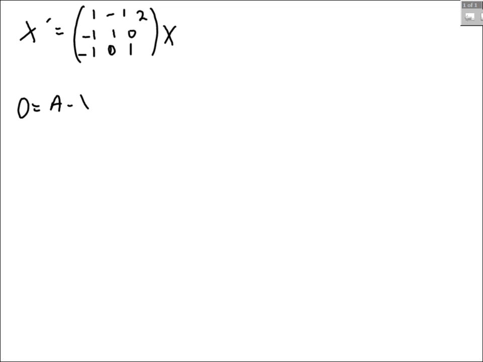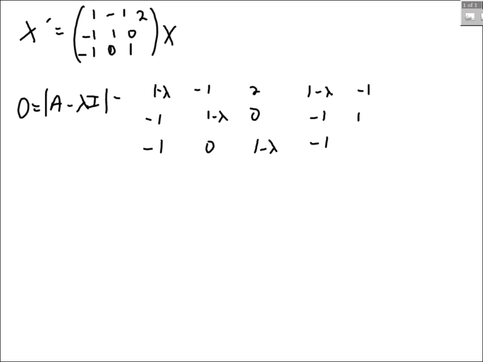Well, A is this matrix. If you take away lambda I, that just means you take away lambda from the diagonal. And since it's a 3 by 3 matrix, it has 3 rows, 3 columns, we repeat the first column at the end, and then the second column at the end.